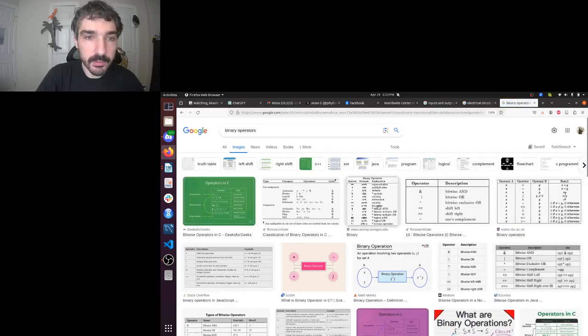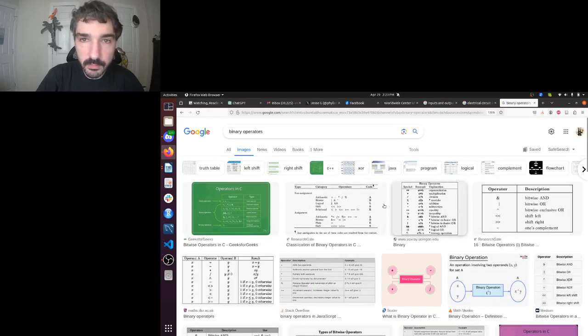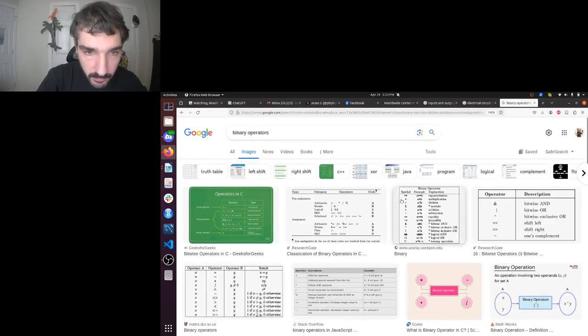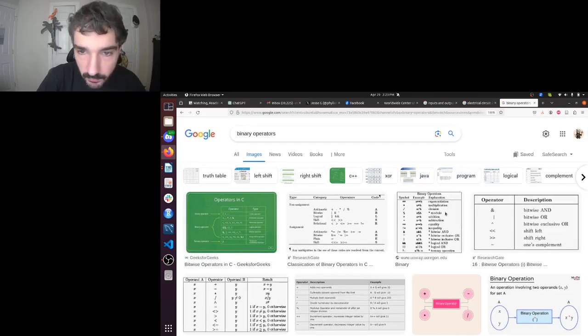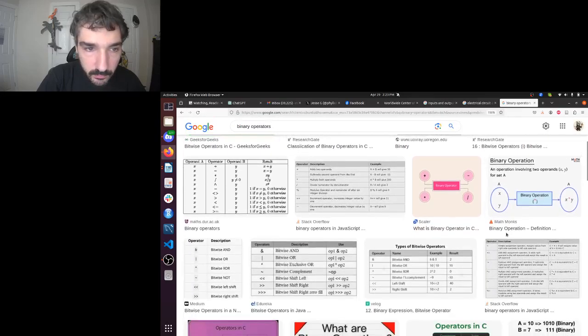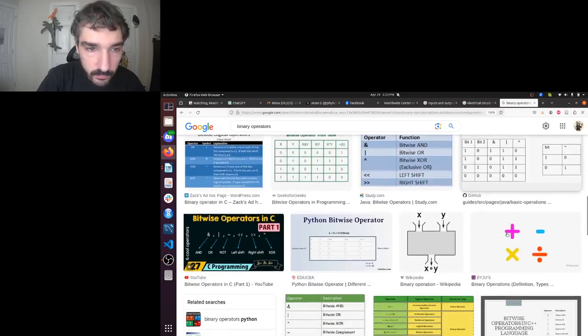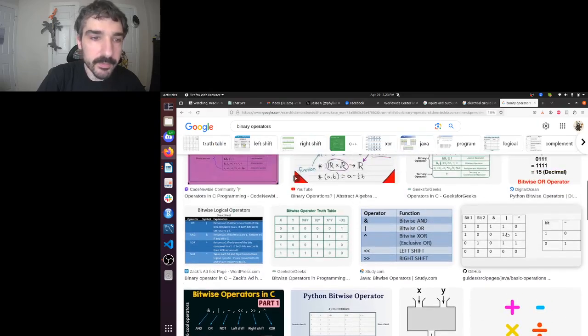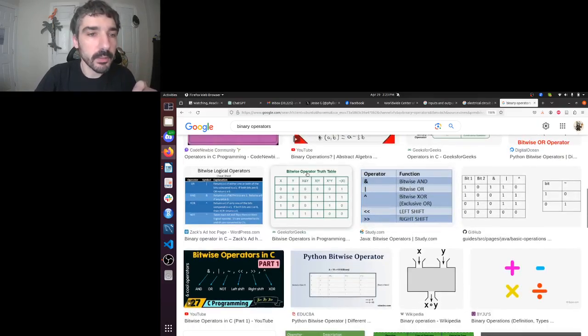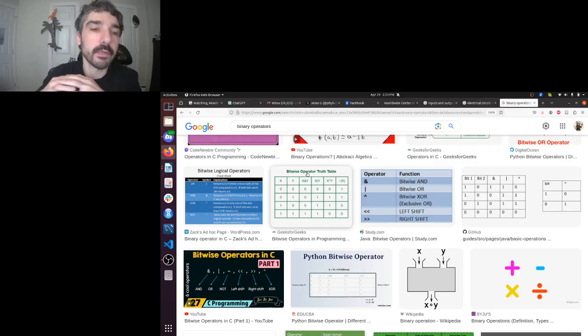We're going to zoom in a little bit. Zoom in a little bit more. And see if we find something. Okay, so right over here, we have this bitwise operator truth table.